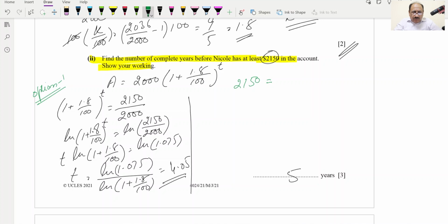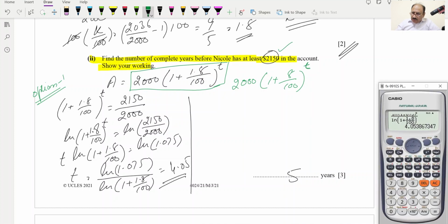So 2150, we can directly write this portion over here: 2000 into 1 plus 8 over 100 raised to the power t. Now we want the answer for this to be at least 2150.